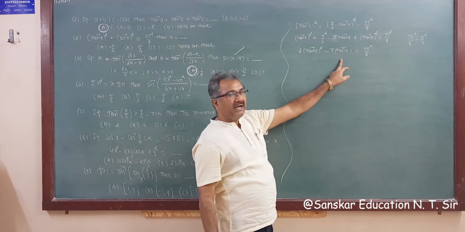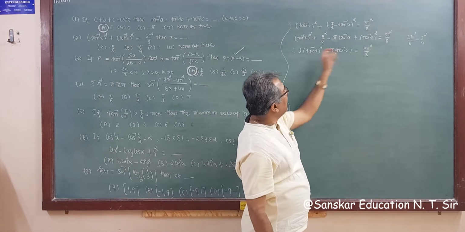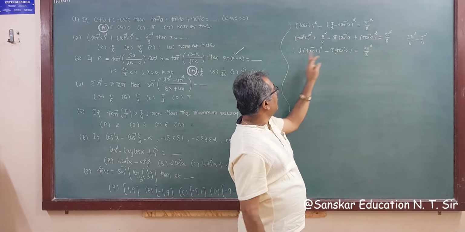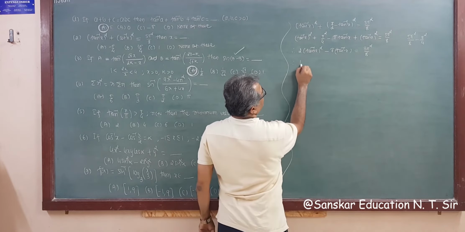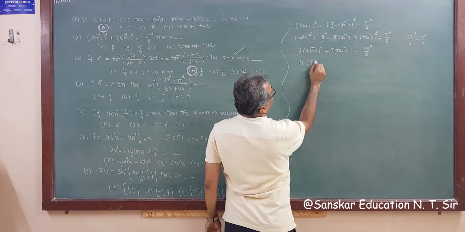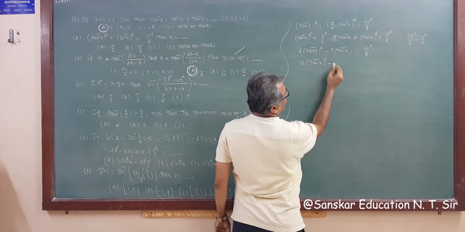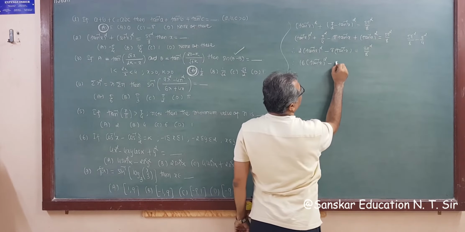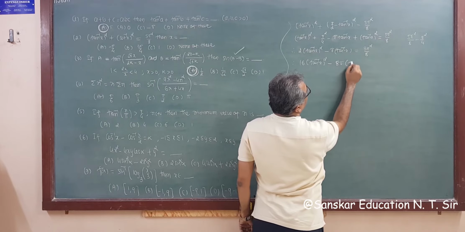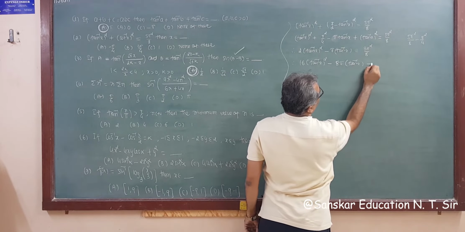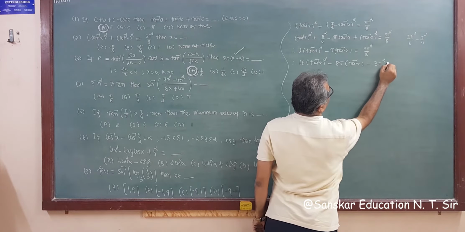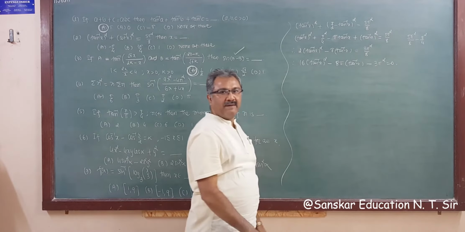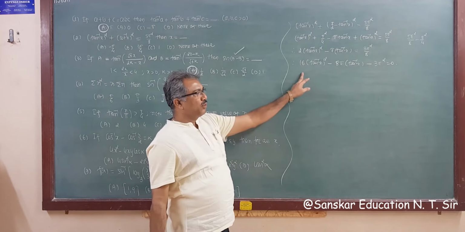Now taking 8 LCM, so 8 into 2 is 16. So this is 16 times (tan inverse x) whole square minus 8 pi tan inverse x minus 3 pi square is equal to 0, right?